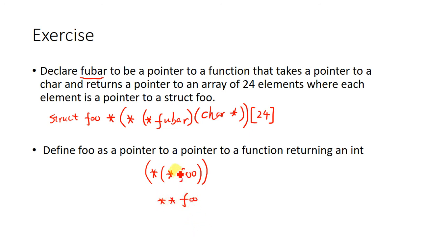Either way is fine. These are equivalent. Okay, so foo is a pointer to a function. This function takes nothing and it returns an int. Or you can say foo is like this. Either way is fine.